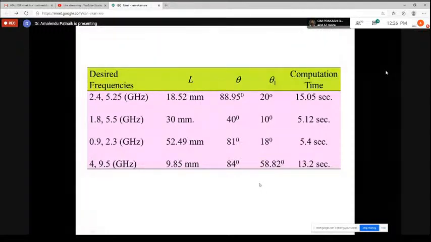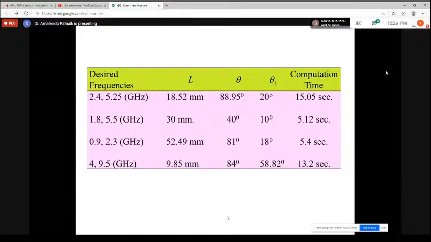But the most important thing to mark is the computation time. To design a dual band antenna for these frequencies, to get the design parameters or design dimensions of the antenna, you can mark from this last column. It just takes a few seconds to get these results. That is the beauty of applying these meta-heuristic based techniques.